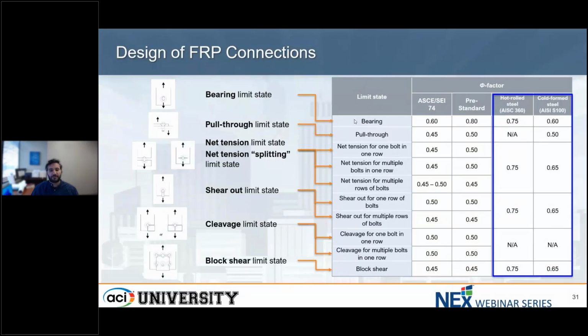To account for that, we need a larger factor of safety, which results in a lower phi factor. Also, FRP is a relatively young material. I say relatively because, as Francisco mentioned before, it's been around for a while, but the amount of testing performed on FRP connections is much lower than for other materials, and this gives us the necessity to be more conservative when developing resistance factors for the material itself.